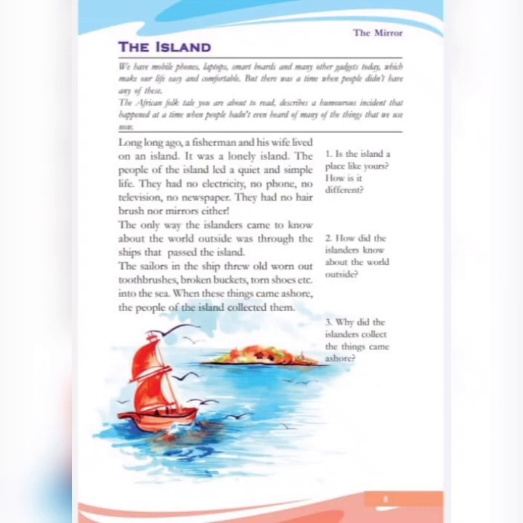Who are the characters in the folktale? Yes, a fisherman and his wife. Where did they live? They lived on an island. How was that island? Look at the text. It was a lonely island. Was there electricity?